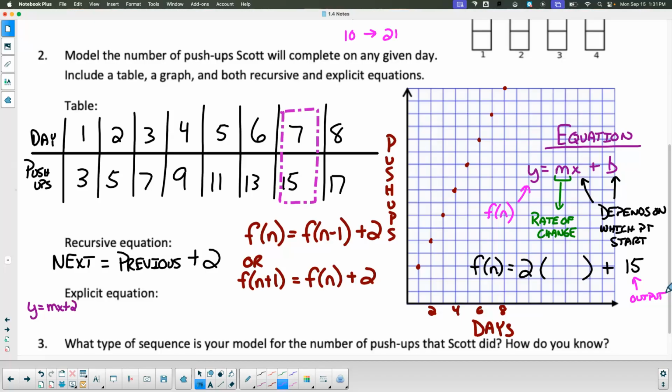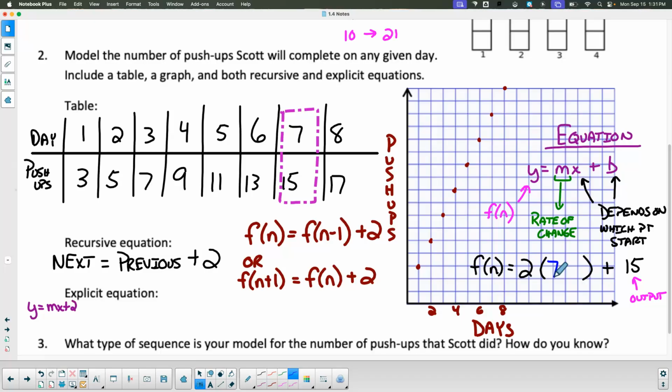Now remember, we're going to have to plug in 7 in here, because that's our input for that. Well, 2 times 7 is how much? 14.